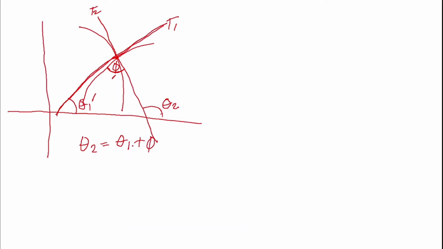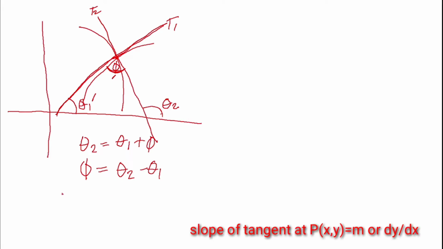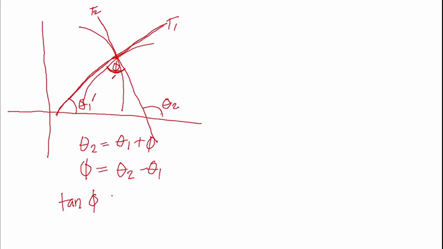Therefore, if we need to get the angle of this part, phi is equal to theta 2 minus theta 1. It's stated that tangent is equal to the slope of the curve. So we have tangent phi is equal to tangent of theta 2 minus theta 1.